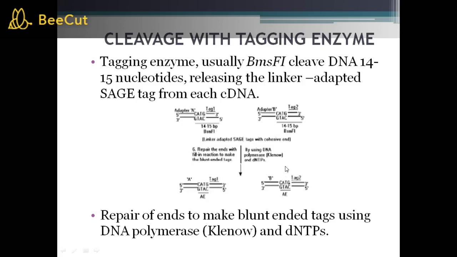For this, we use the DNA polymerase enzyme obtained from E. coli, or the Klenow fragment, and we use dNTPs so that those ends get converted into blunt ends. So this is the repair of ends to make blunt-ended tags using DNA polymerase and dNTPs.